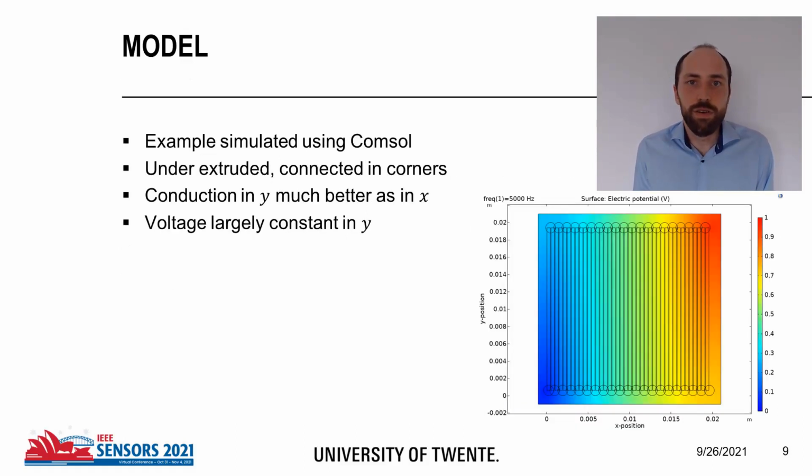Now, to know what we might expect, we have simulated an under-extruded sample where the traxels only touch near the corners. This simulation showed that we could expect a potential distribution which is largely constant in the y direction. This makes sense since the conduction in the y direction will be much better.